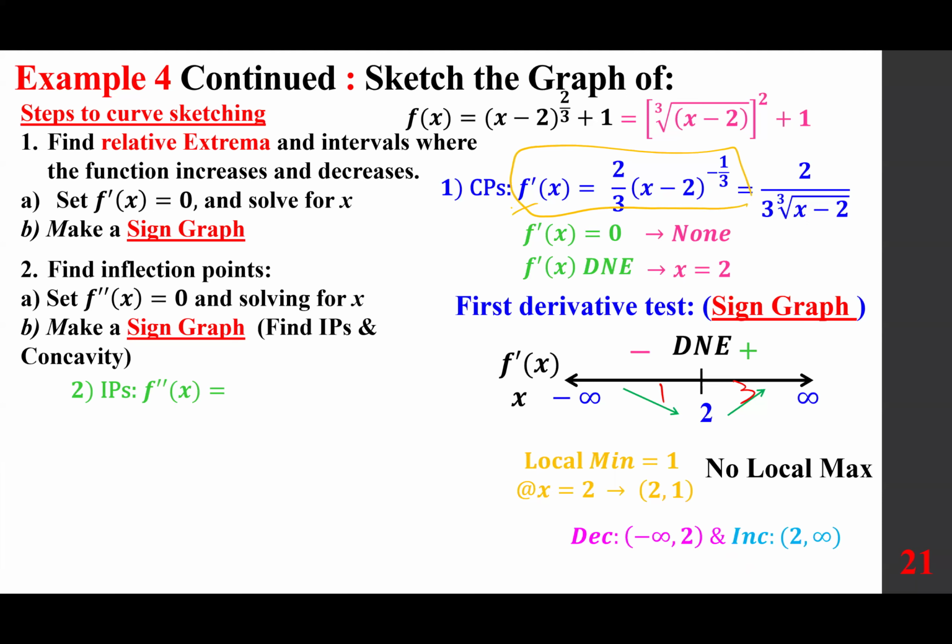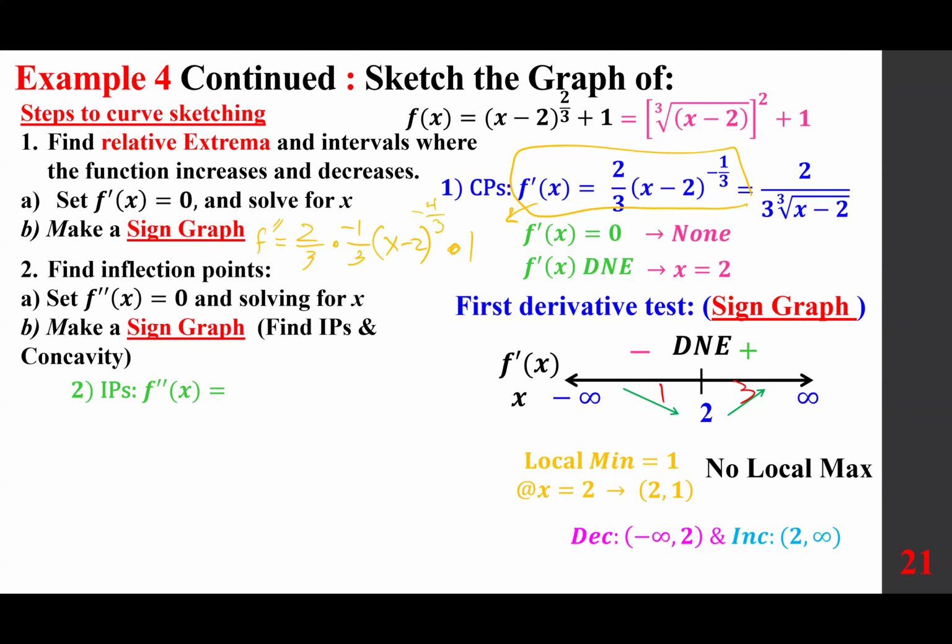Here's f prime. F double prime is 2/3 times negative 1/3, x minus 2 to the power of negative 1/3 minus 1 is minus 4/3.